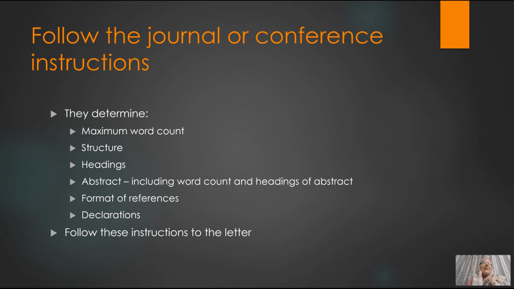You will find some information about the abstract they expect, so the maximum word count of the abstract and the headings they want you to include in the abstract. You will find the format of the references they have, the declarations they need, and you have to follow these instructions to the letter, otherwise it'll just come back to you and you will have to make some changes to your first submission, and it'll just waste time.